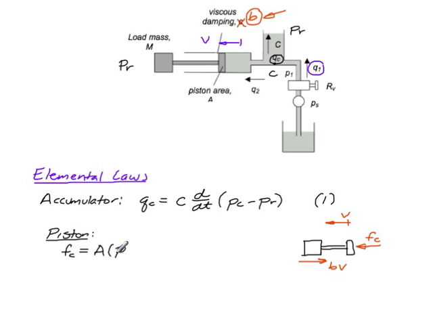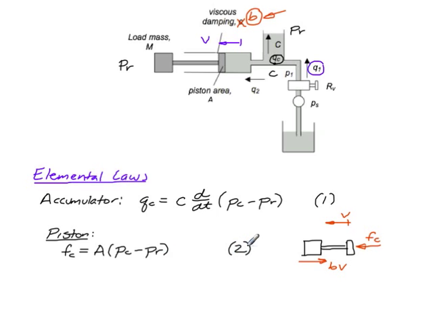So that's PC minus PR. My sign conventions here are, of course, that if PC is larger than PR, that means that the net force of the piston due to pressure is going to be to the left, as shown there in the figure. So this is going to be my equation 2.